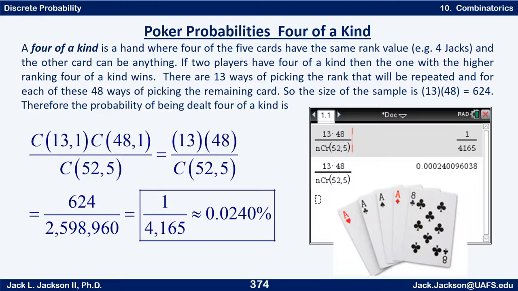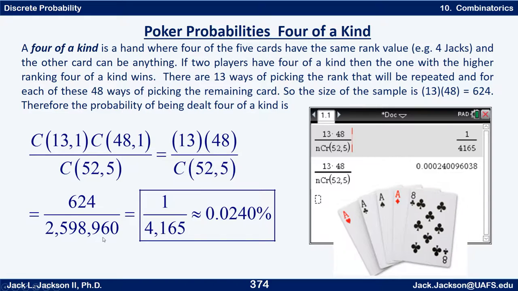That's 13 choose 1, which is 13. Once you pick that, that determines 4 of the cards. Then the 5th card could be anything. You've eliminated 4 of the 52 cards, so that leaves 48 other cards, and you could pick any one of those. So it's 48 choose 1. In other words, just 13 times 48 is 624 for the numerator.